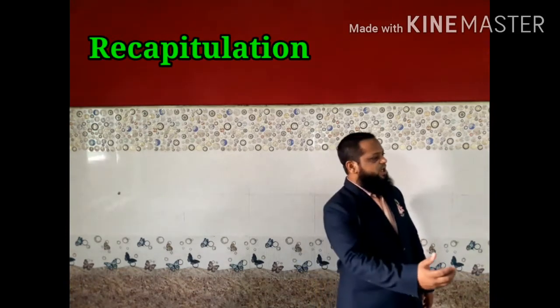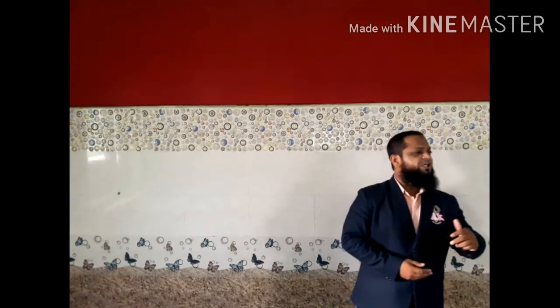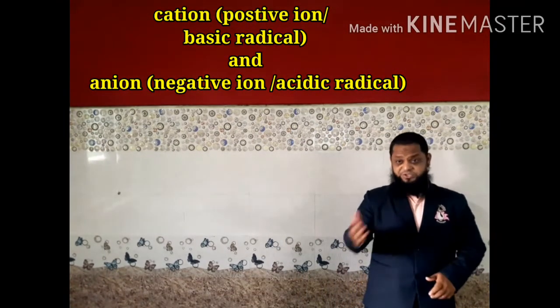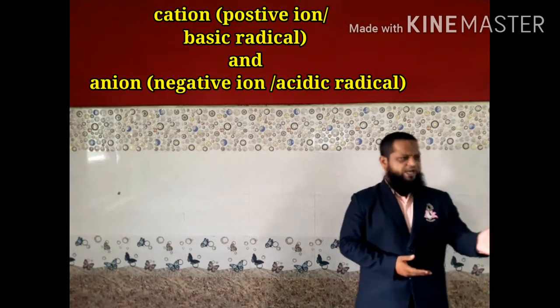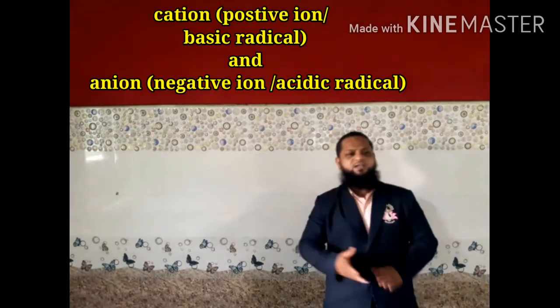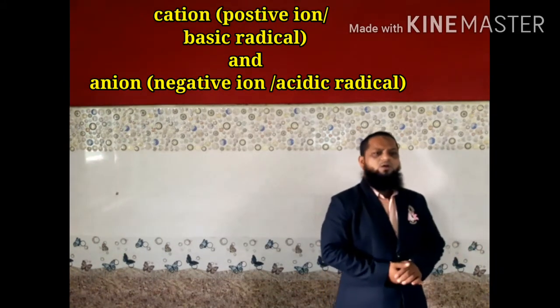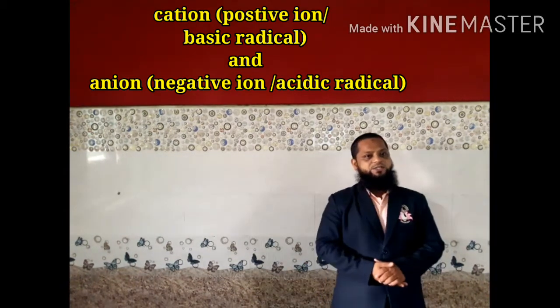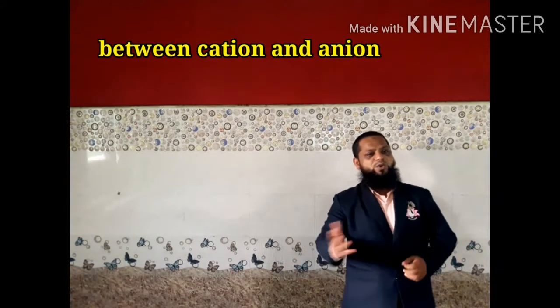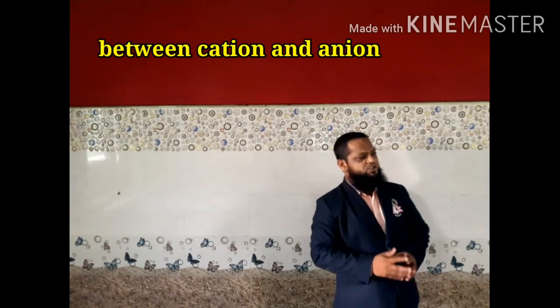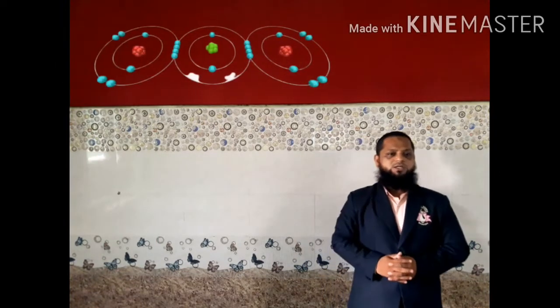The molecules of an ionic compound have two constituents, namely cations, positive ions or basic radicals, and anions, negative ions or acidic radicals. There is a force of attraction between positive radicals and negative radicals. That is called an ionic bond.